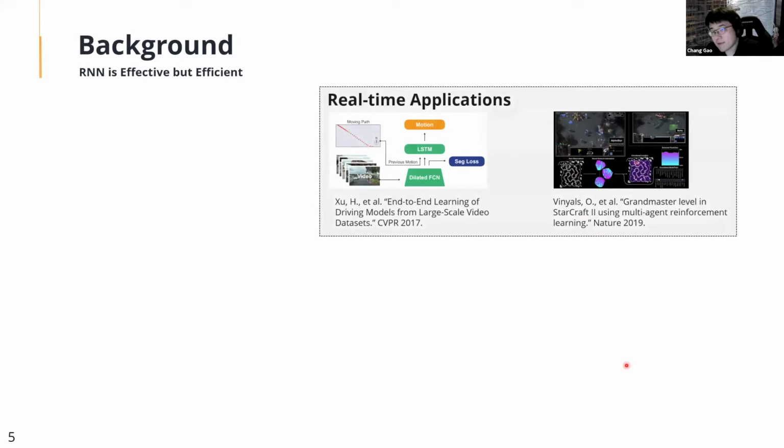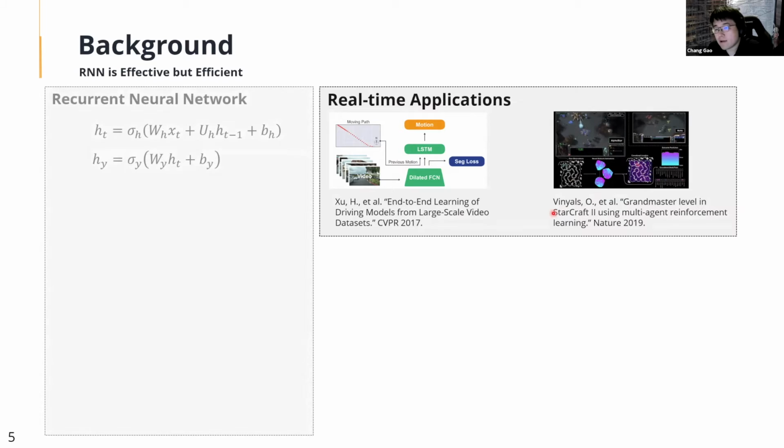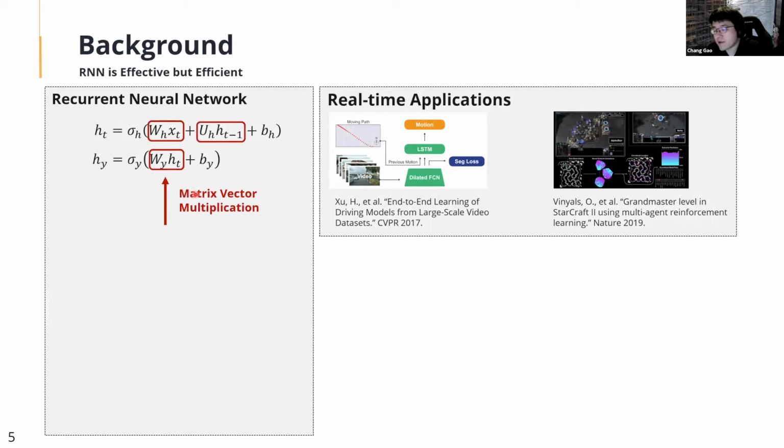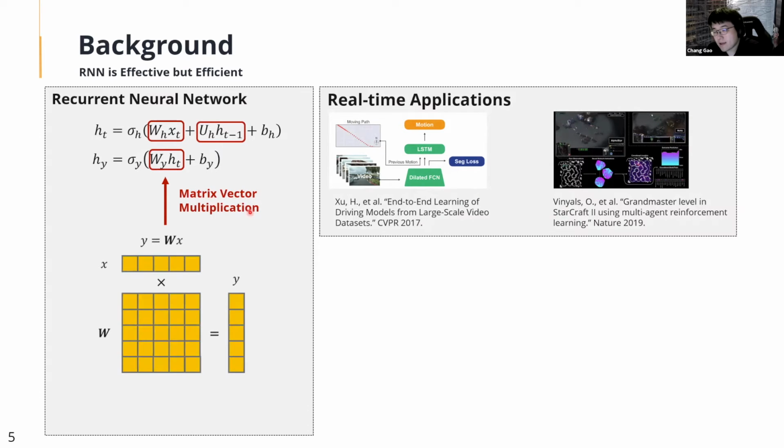So why is RNN so difficult to compute? RNN is effective, but it's not efficient. Gated RNNs like LSTM are used in many real-time applications such as autonomous driving and also gaming AIs, where latency is critical. If we look at a simple RNN formulation, most of the computation is matrix-vector multiplication.